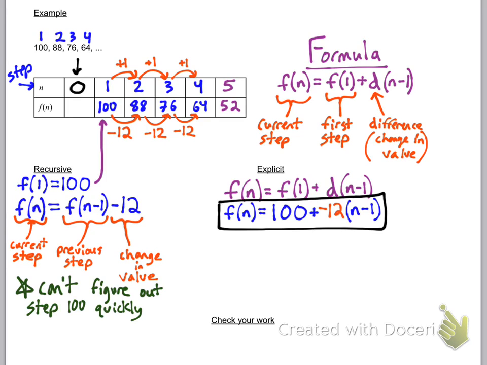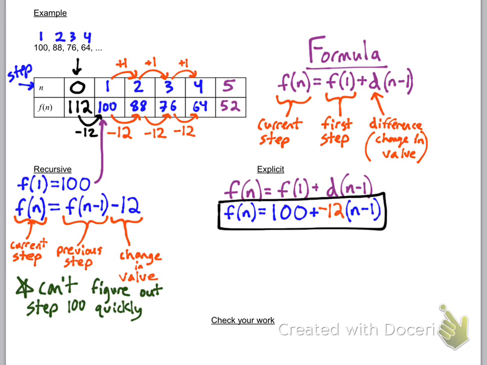Well, I know that we subtract 12 to get to the next step. So what would I start with if I had to subtract 12 from it and get 100? Well, that number would be whatever 100 plus 12 is, right? It'd be 112, because 112 minus 12 is 100. Now here's the nice thing about this. Once I've found that zero step, that is my starting value.